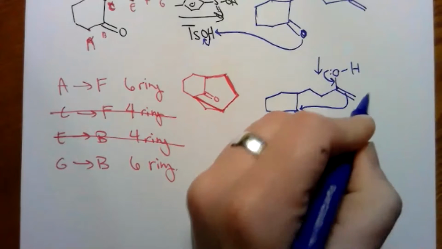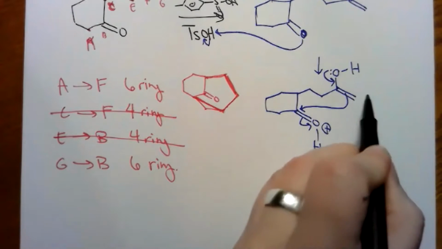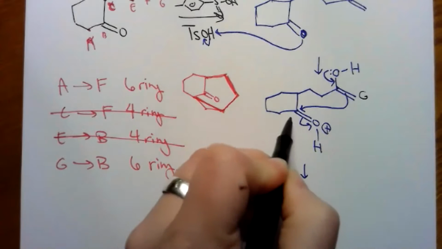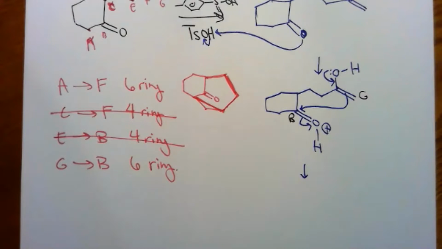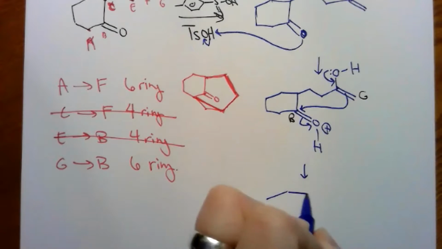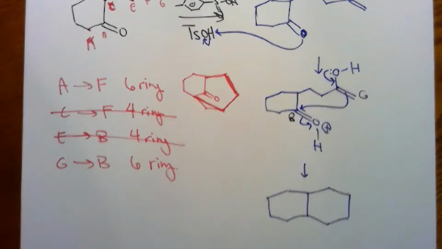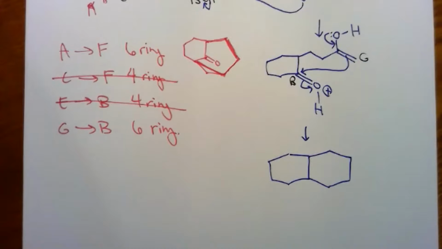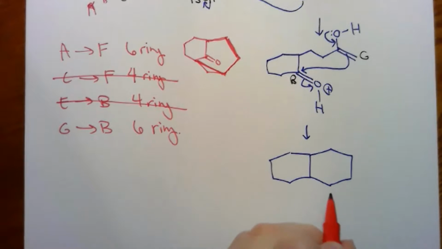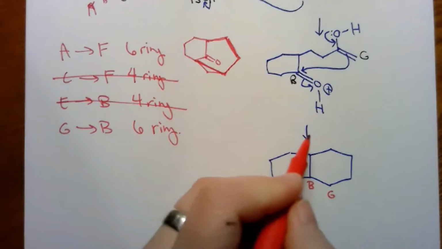What that results in is carbon G becoming connected to carbon B. You should go through and count and make sure you understand why this happens this way. But carbon G is this one, G, and it attacked carbon B.